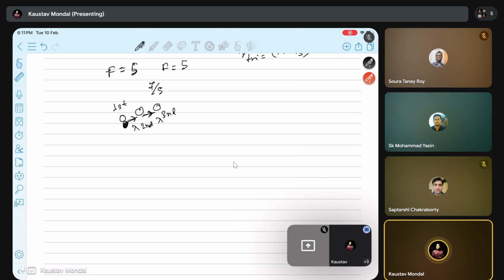The mean kinetic energy of a molecule at 300 Kelvin is given, and we have to calculate the approximate number of molecules per meter cube of an ideal gas.